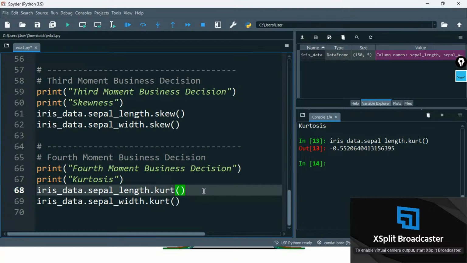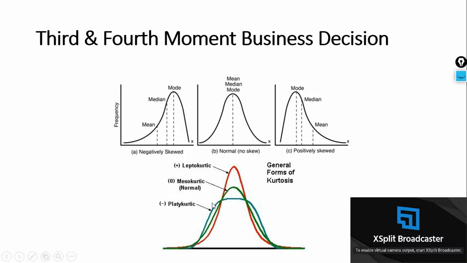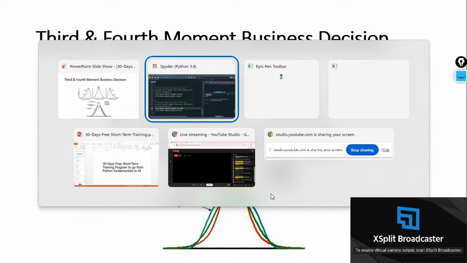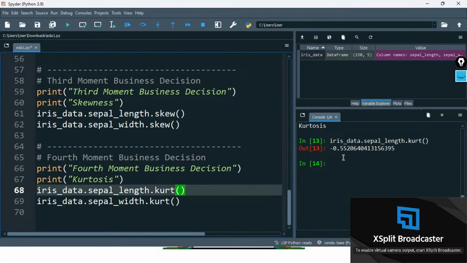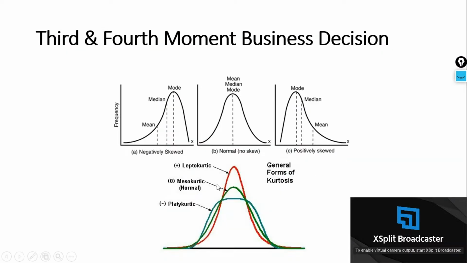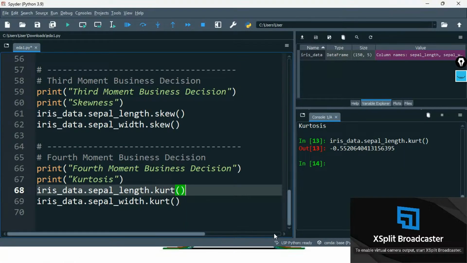We observe a wide peak with no tails. No, no, no. Sharp peak is for positive kurtosis, right? So since we got a negative value for kurtosis, obviously you should get a wide peak. You'll get a wide peak with no tails.